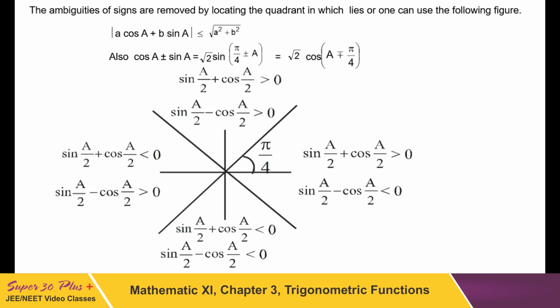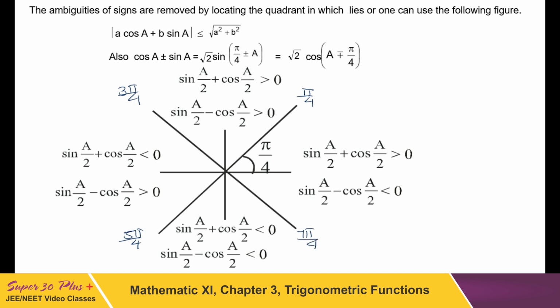Here is a most important diagram, and by using this diagram we can find the regions in which these expressions are positive or negative. This is the line of pi by 4, this is the line of 3 pi by 4, this is the line of 5 pi by 4, and here is the line of 7 pi by 4.